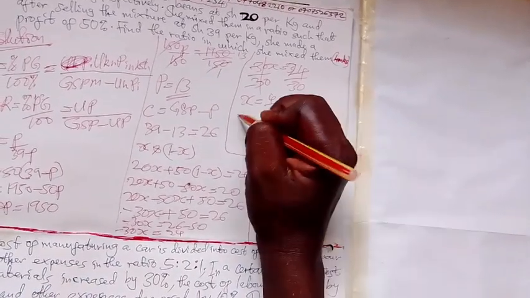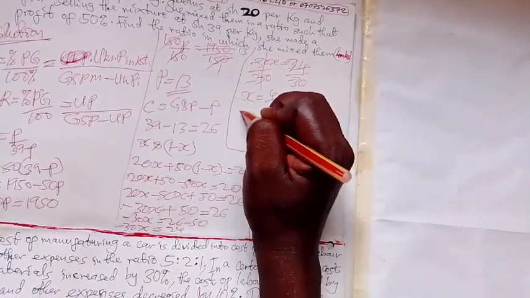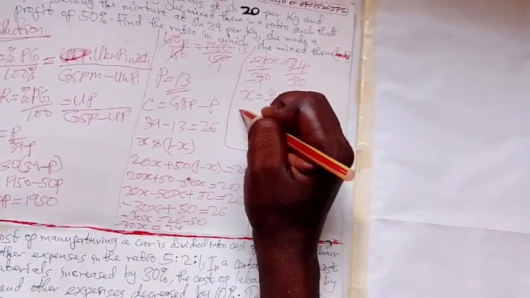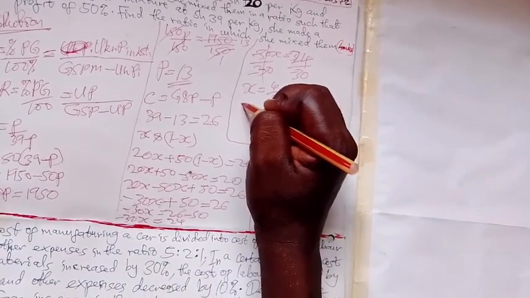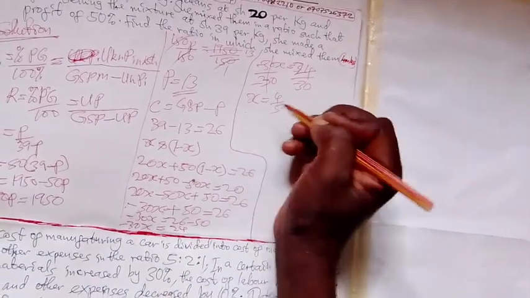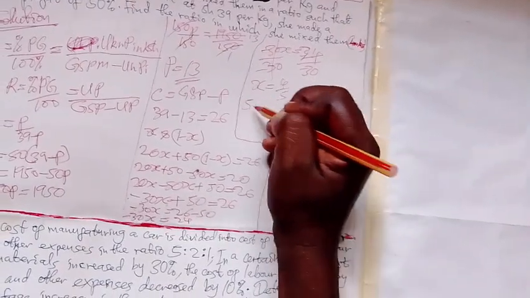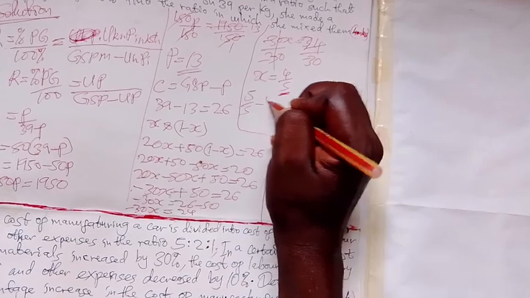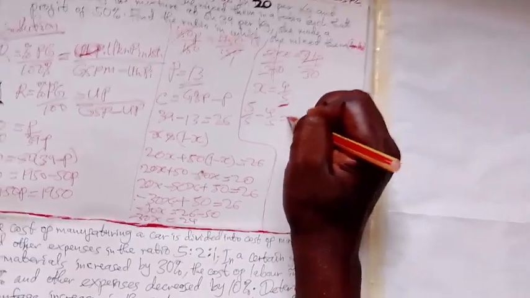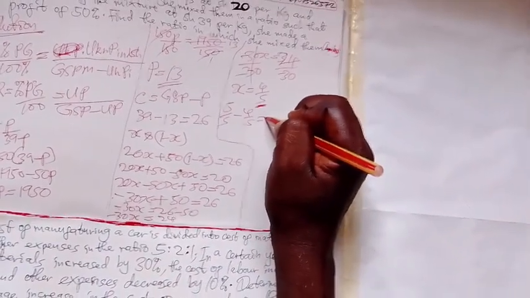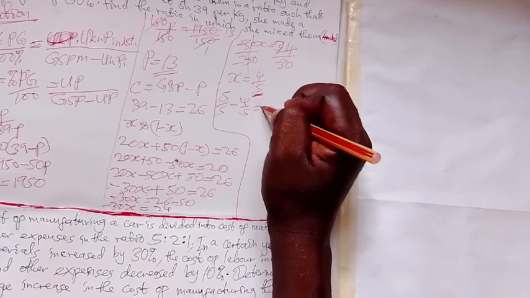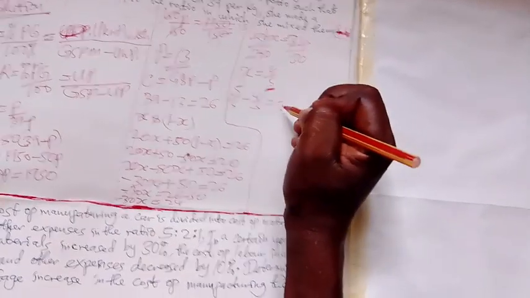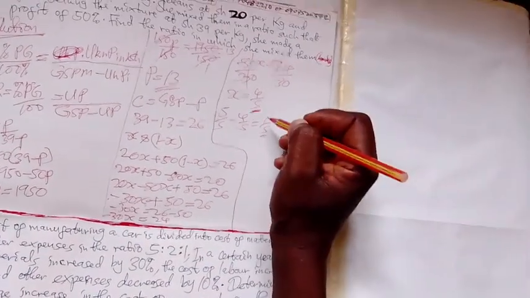Therefore, beans per kilogram is, if the whole ratio is 5 over 5, minus 4 over 5, we are going to get that of beans will be 1 over 5 to complete the ratio.